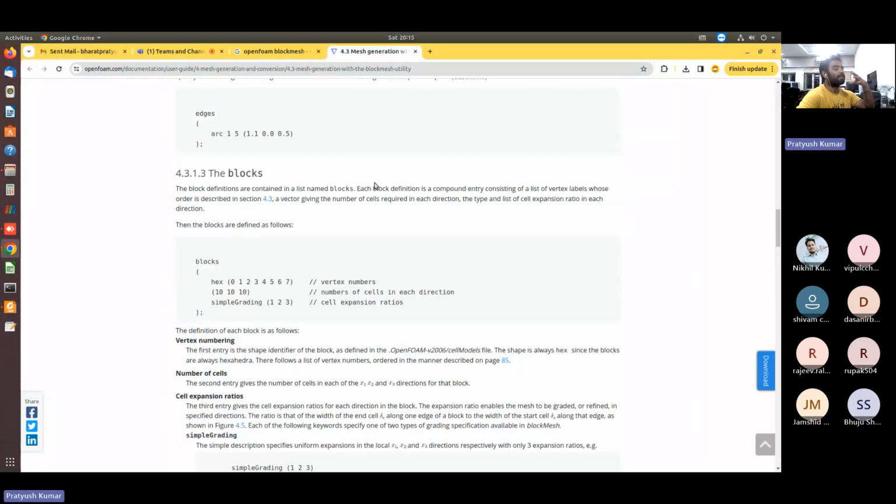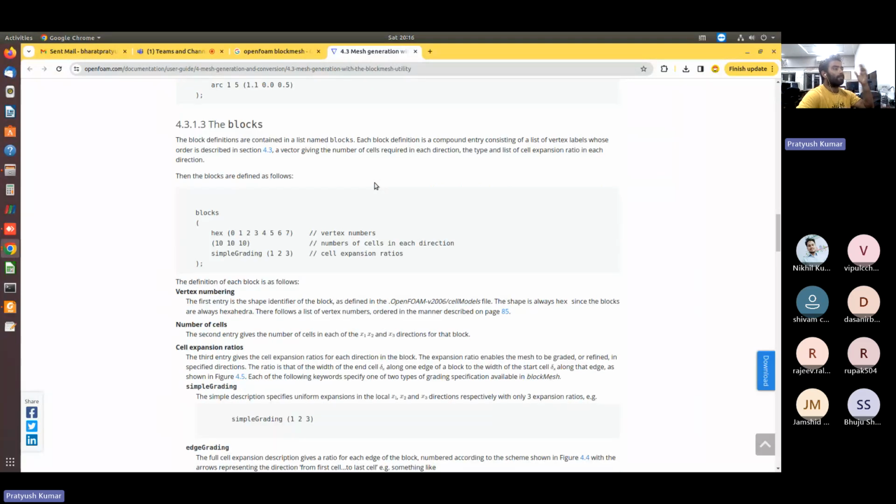Even a complex geometry you can create using blockMesh if you use a little bit of trick. For example, while I was working on a breeder blanket concept, first I tried to create the mesh using ANSYS software, but I was not getting hexa dominant meshes. So for that project, I used blockMesh.